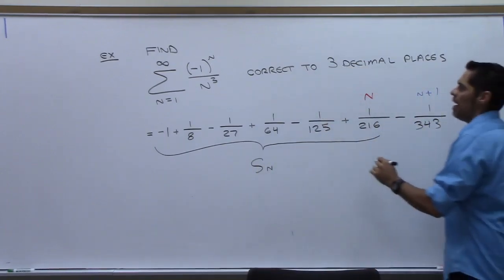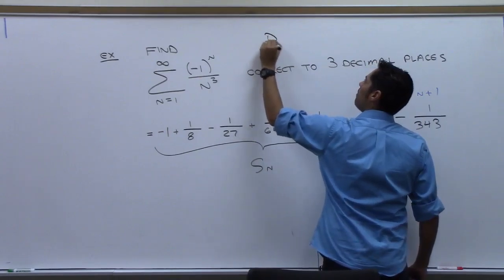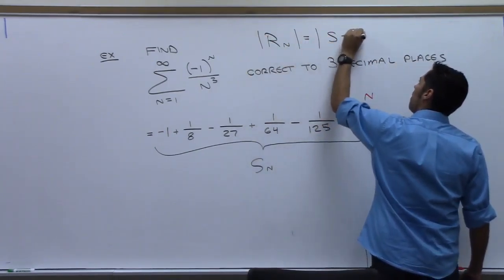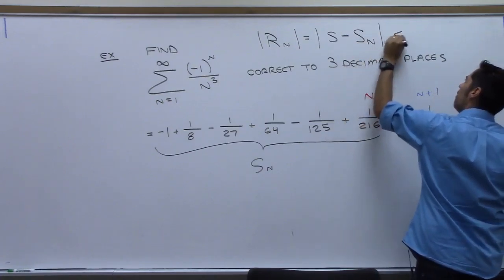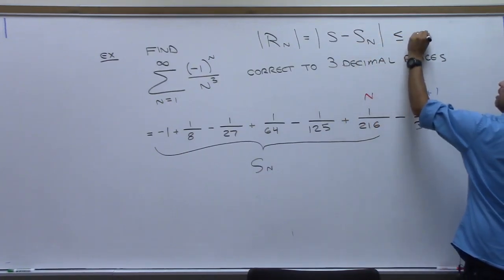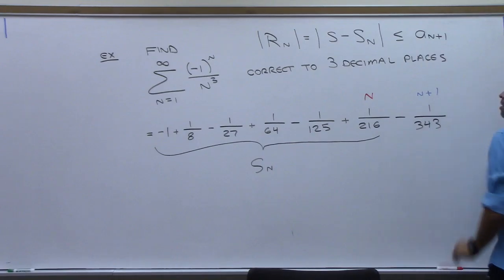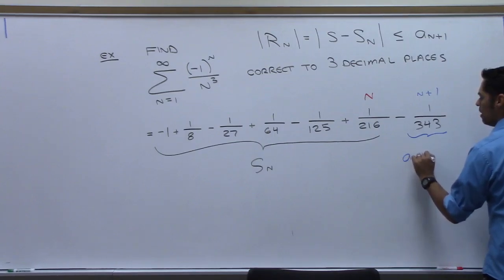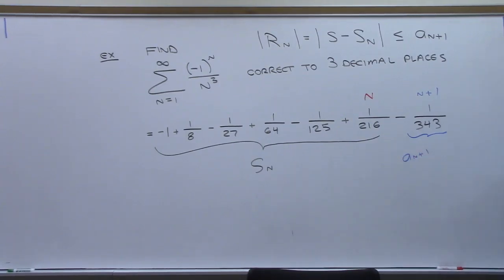What we know is that how much we're off by, which is the true sum minus my partial sum, must be less than or equal to a sub n plus 1. What's a sub n plus 1? This right here is a sub n plus 1, isn't it? Okay, so let's see how much we're off by here.